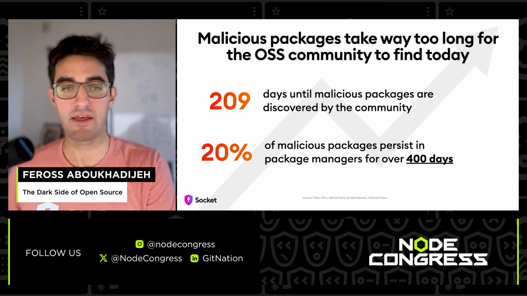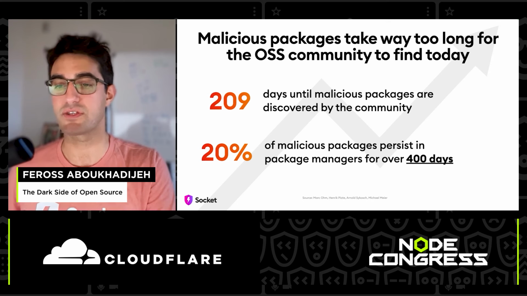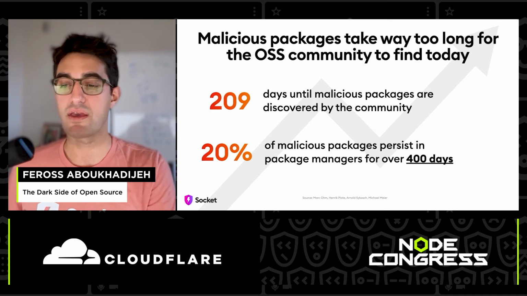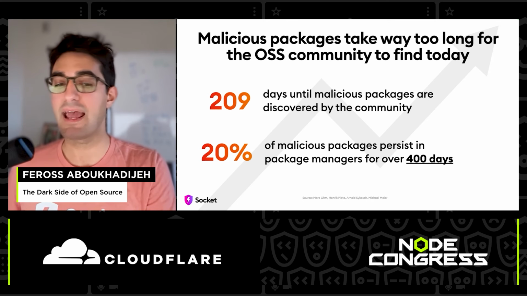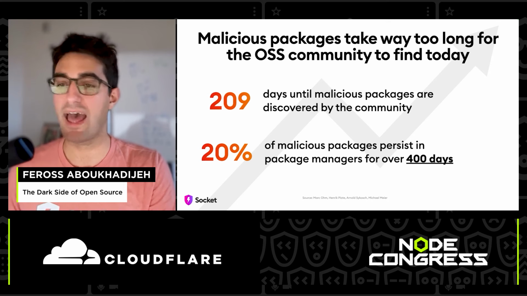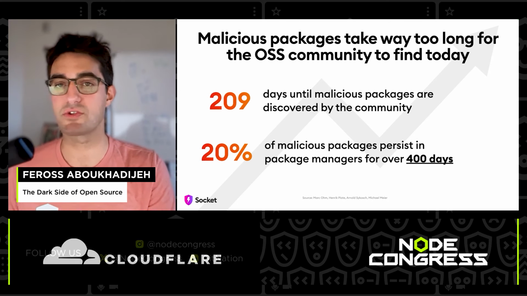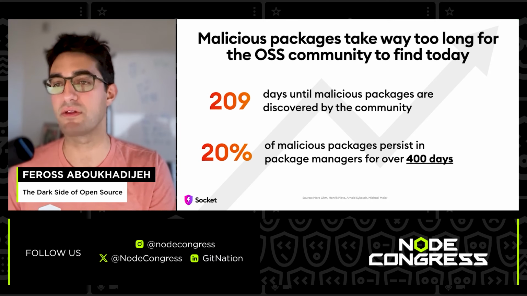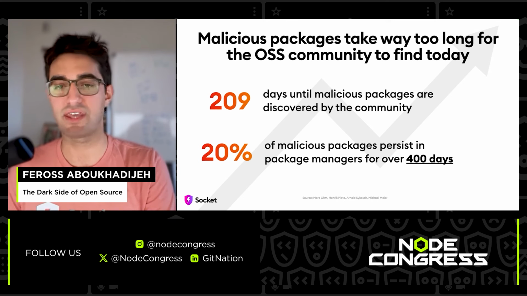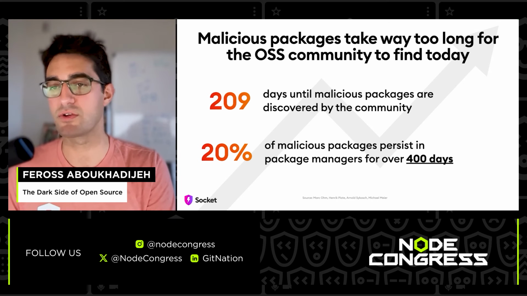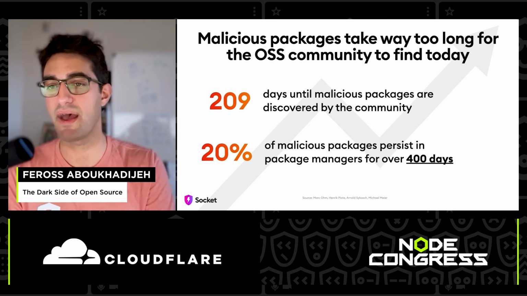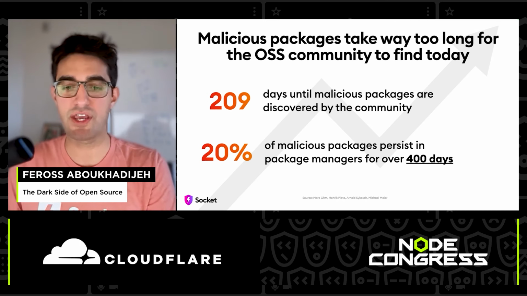And the other big problem is when we find these malicious packages as a community, we report them and they get taken down, but they're often not cataloged and saved in any way. So they don't go into the typical vulnerability tracking systems like the National Vulnerability Database. They just get taken down, and then no one knows whether or not they may have installed that package in the past. So we're trying to change this.